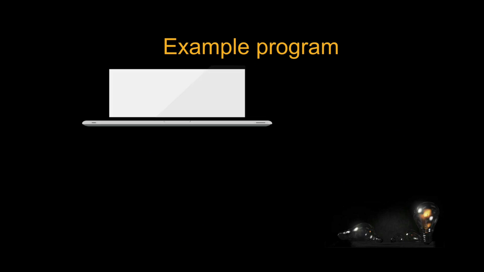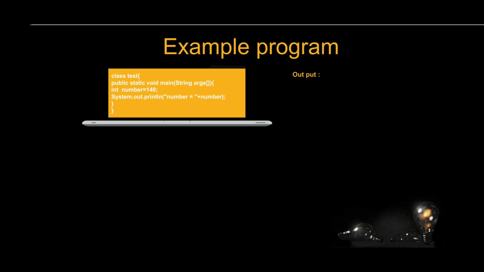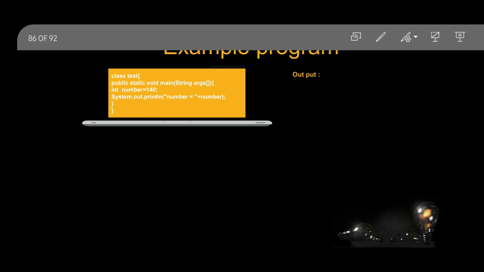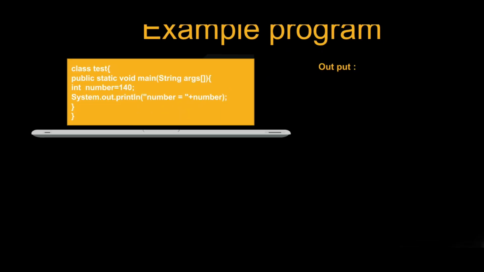We will see one example program. See here, I created one class with name Test. In the Test we have one method, it's called main, and in that main we have one variable named number, int number is 140.